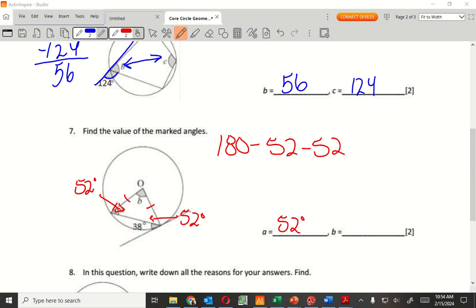After I did that, I said that's 104, and 180 minus 104 is going to give me 76. Very good. So angle B is 76 degrees.